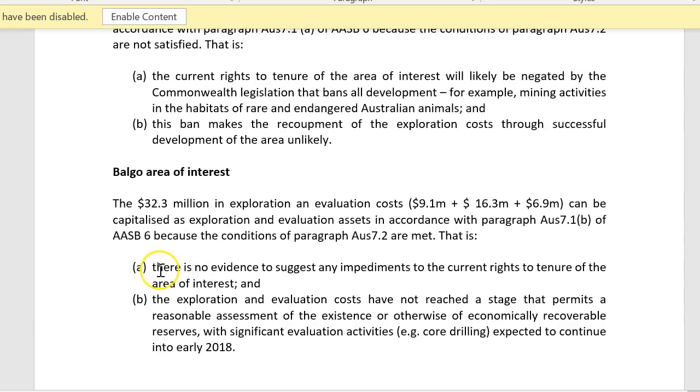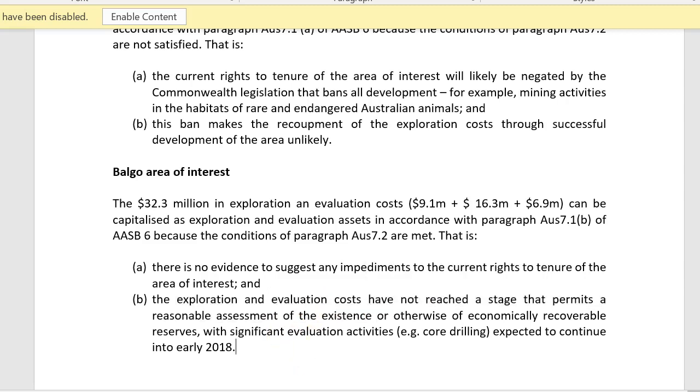They do have current rights, as there is no evidence of any impediments. Since the exploration is at its preliminary stage, the costs have not reached a stage that permits a reasonable assessment.